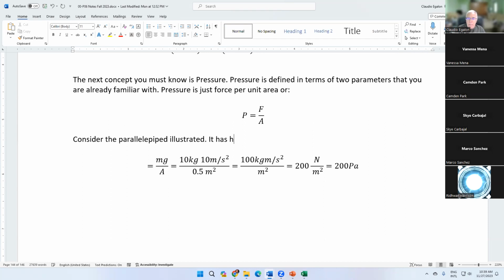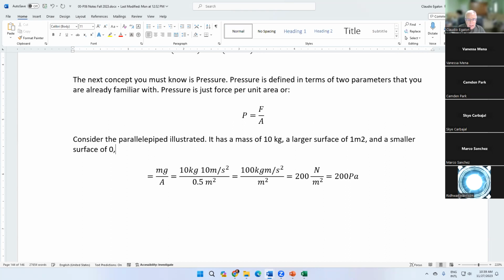It has a mass of 10 kilograms, a larger surface of 1 square meter, and a smaller surface of half a square meter.